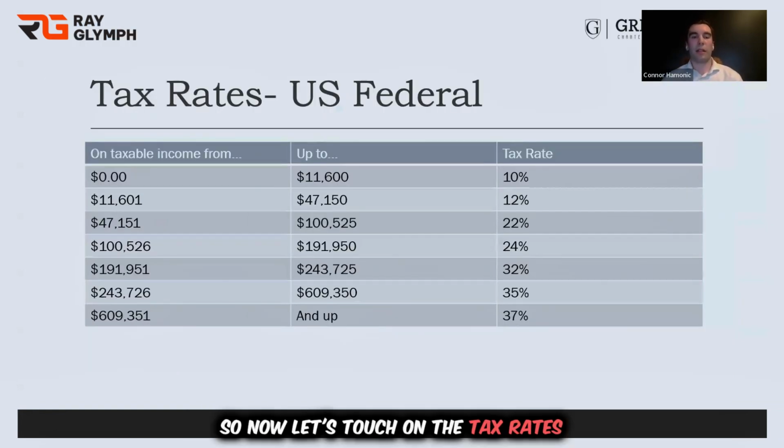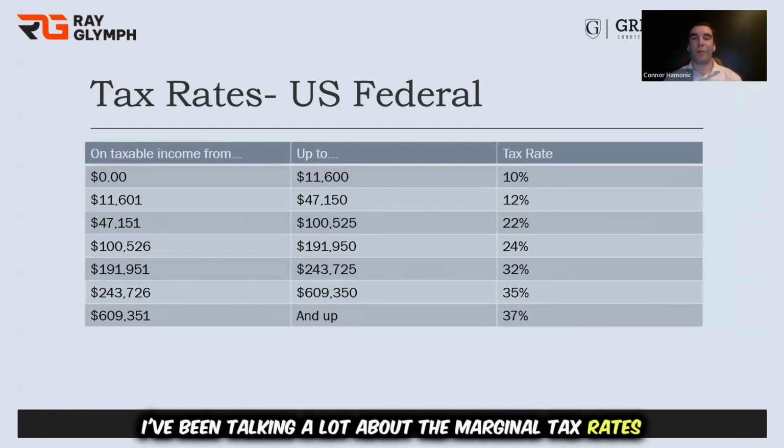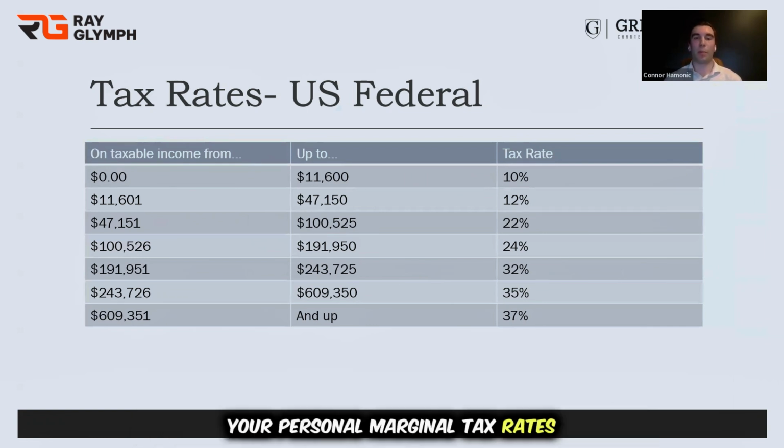So now let's touch on the tax rates in the US for a little bit here. I've been talking a lot about the marginal tax rates, your personal marginal tax rates, but what exactly does that mean? So in Canada, we know our tax rates are fairly high. In the US, as we can see here, they're much lower. Again, note these are only the federal tax rates.